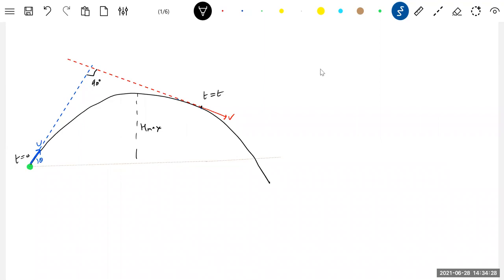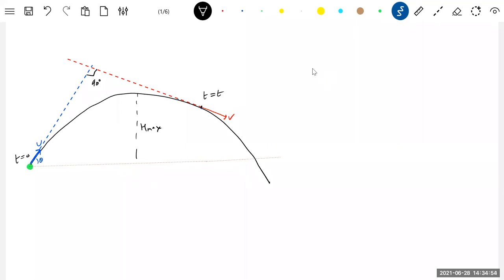I want that instant of time at which the velocity vector will become perpendicular to initial velocity of projection. Tan theta, we have discussed in trigonometry, tan theta equal to Vy by Vx, theta equal to tan inverse will come. Okay, this is the thing.